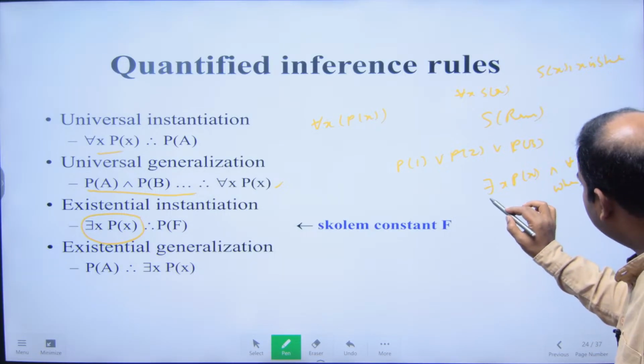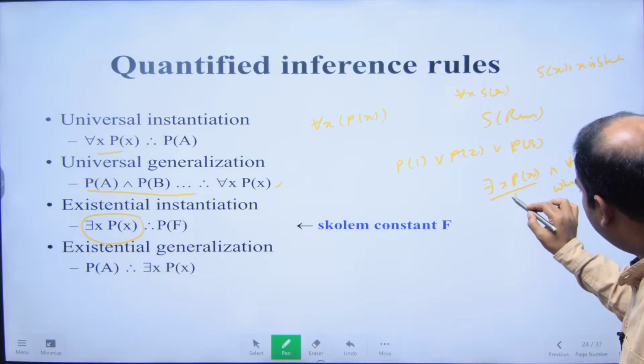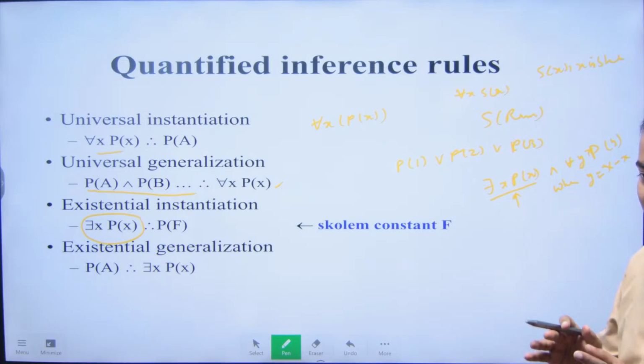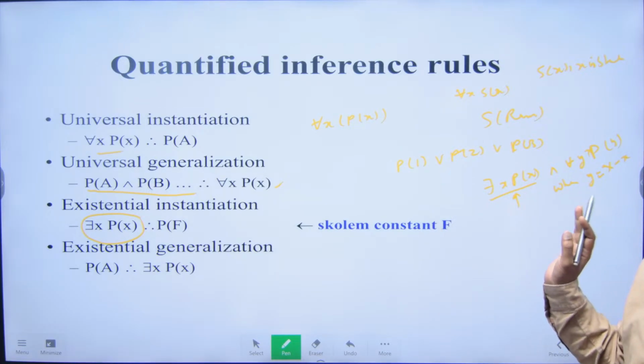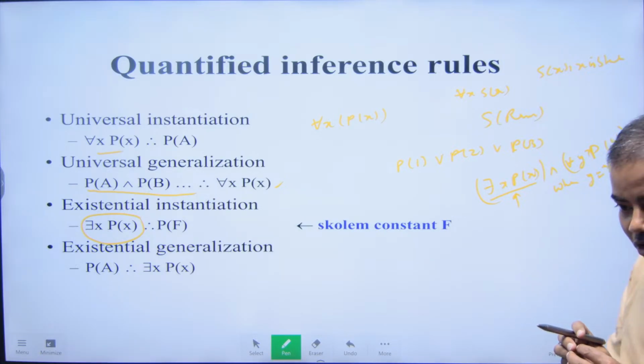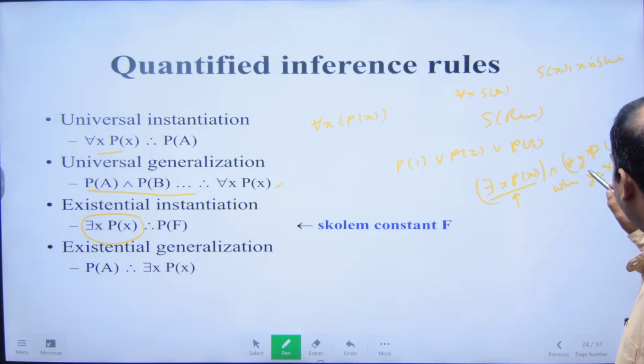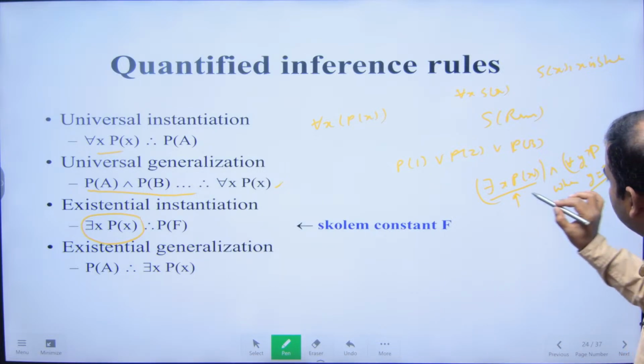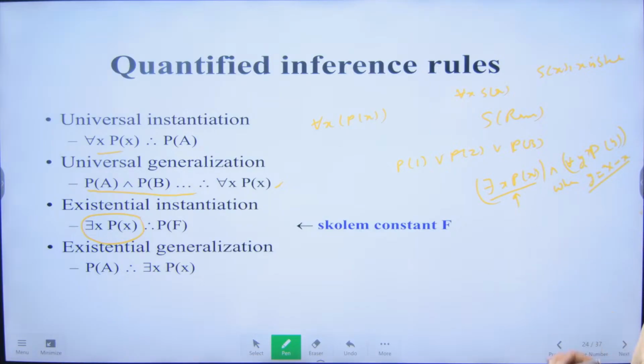There exists x P(x) means maybe 1, 2, 3, 4, maybe for n elements it is true. But then I am doing AND, which says it is not true for all of them. Not true for all means it is not true for anyone else. What is y? y is equal to X minus x, so only for one element it is true.